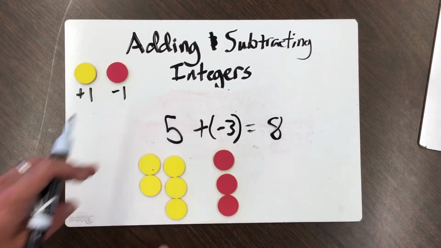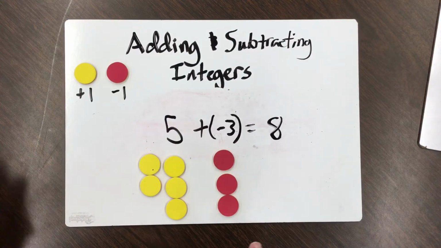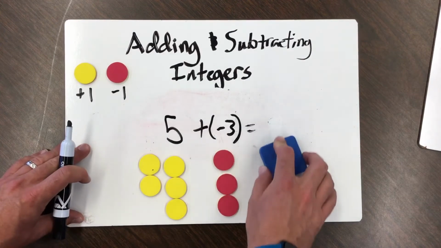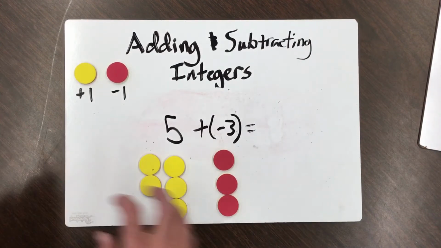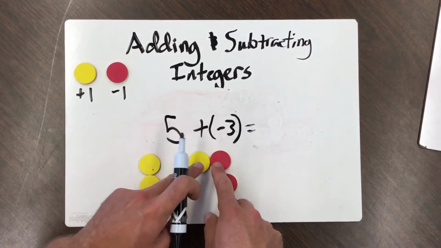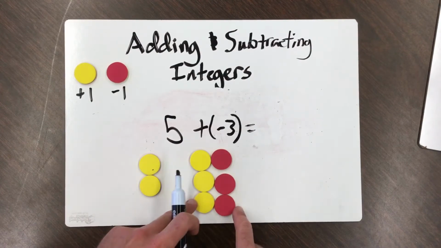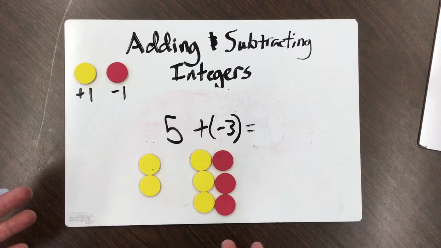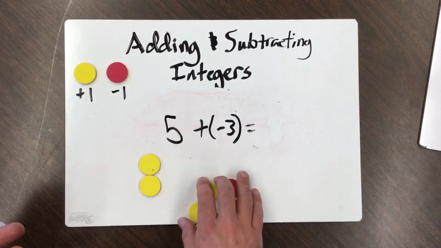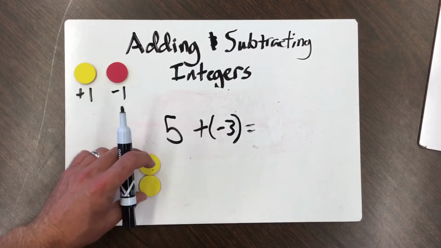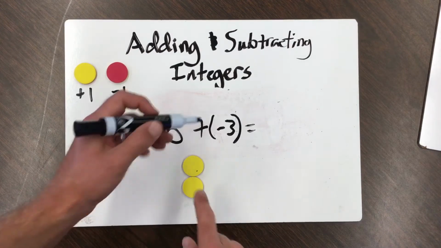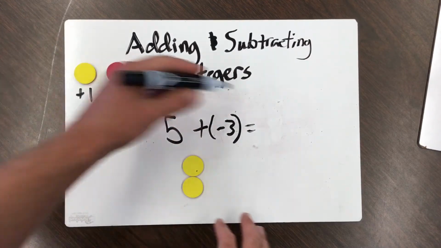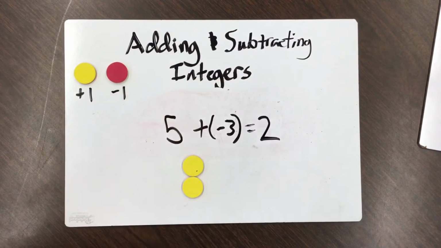And then the other thing that we have to keep in mind is that, I should probably erase that 8 there because that's not true yet, these guys cancel each other out. So these are no longer in consideration because they're opposites. They add up to be 0. So we can remove those, and what I'm left with is 2 yellows, and so that's going to be +2.